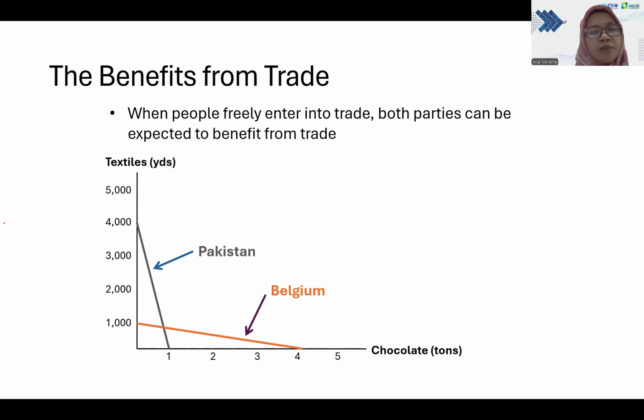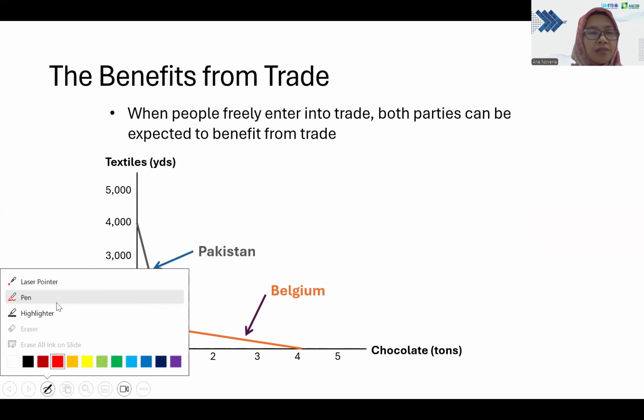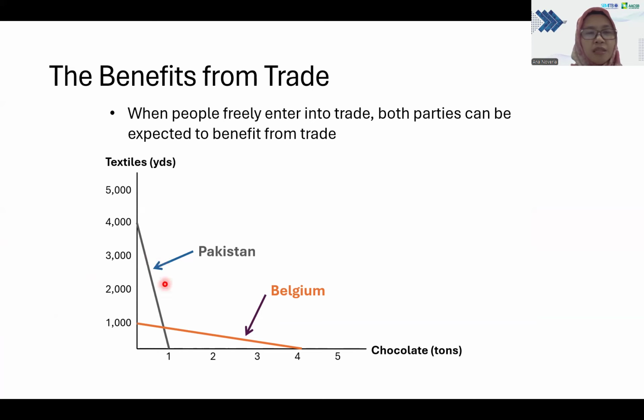So here we have two countries' PPC. This one is the Pakistan PPC, the first curve, and the second one, the orange one, is for Belgium.